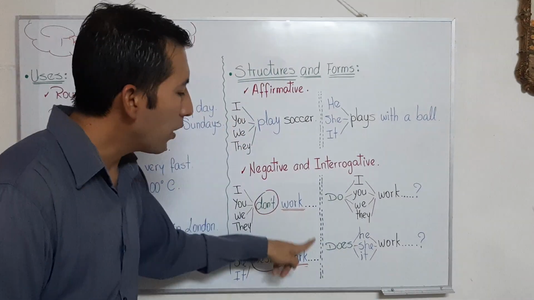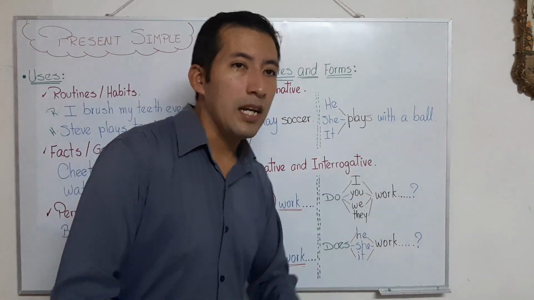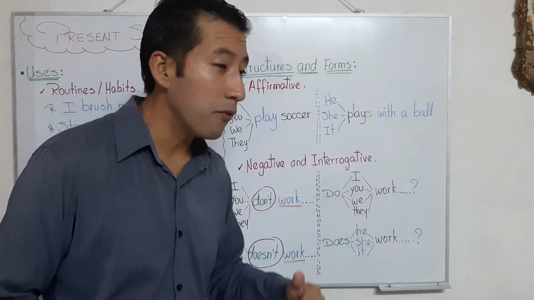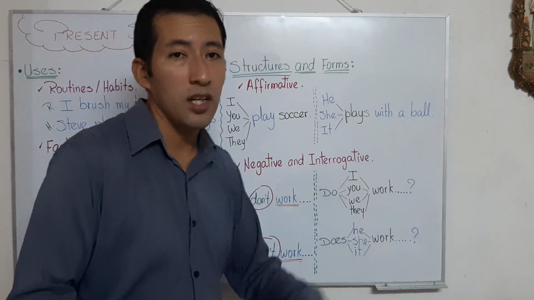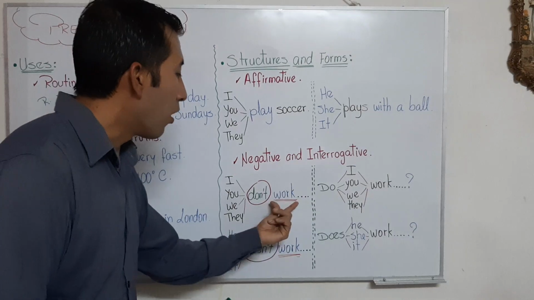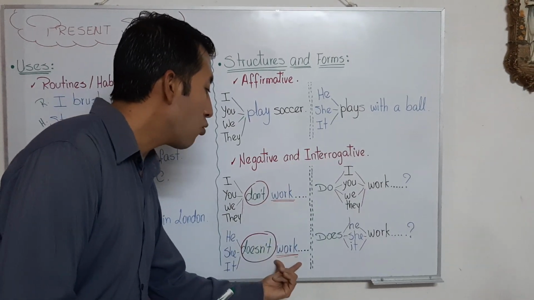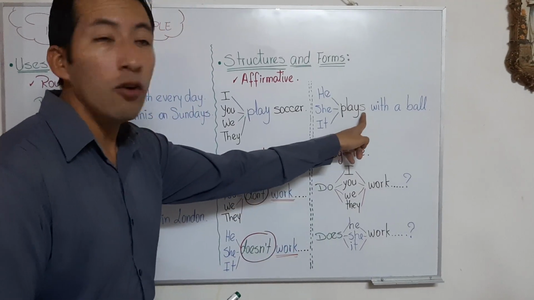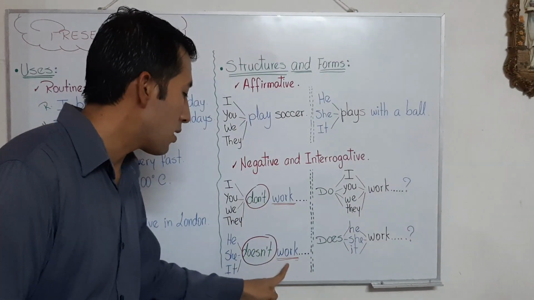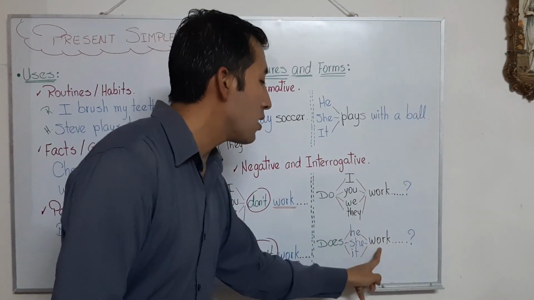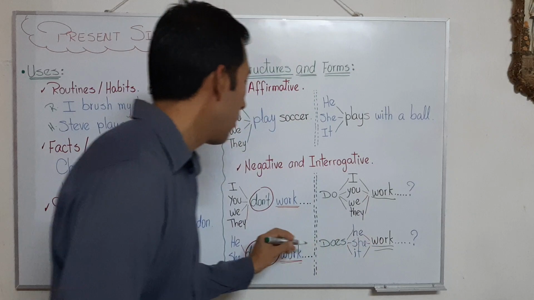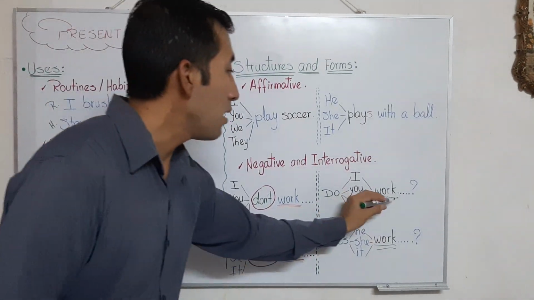Obviously here we have extra words because it's part of the complement. I don't have enough space to write a complement, that's why I decided to use it. One very important part: I use work and I use work, so with doesn't, we don't use S anymore. Pay attention. When I use does or doesn't, the verb goes in the same form.